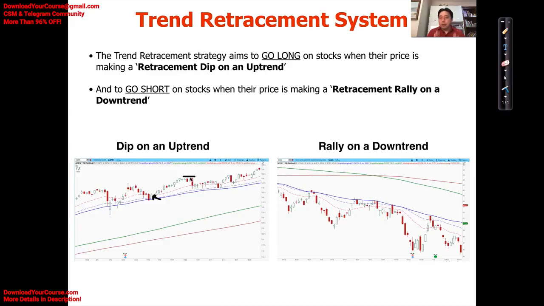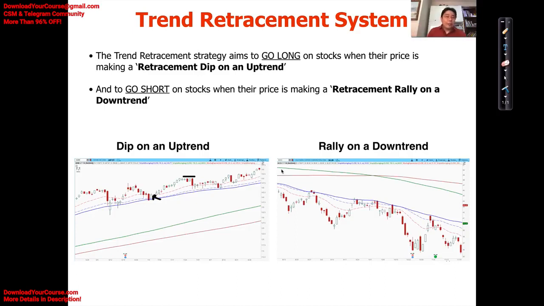For this system in level 2, we don't necessarily have a fixed target price. We aim to follow the trend as long as the trend continues. This allows us to capture huge profits when we capture a strong trend. We aim to exit the trade when the trend ends, which could take much longer with a lot bigger profits.